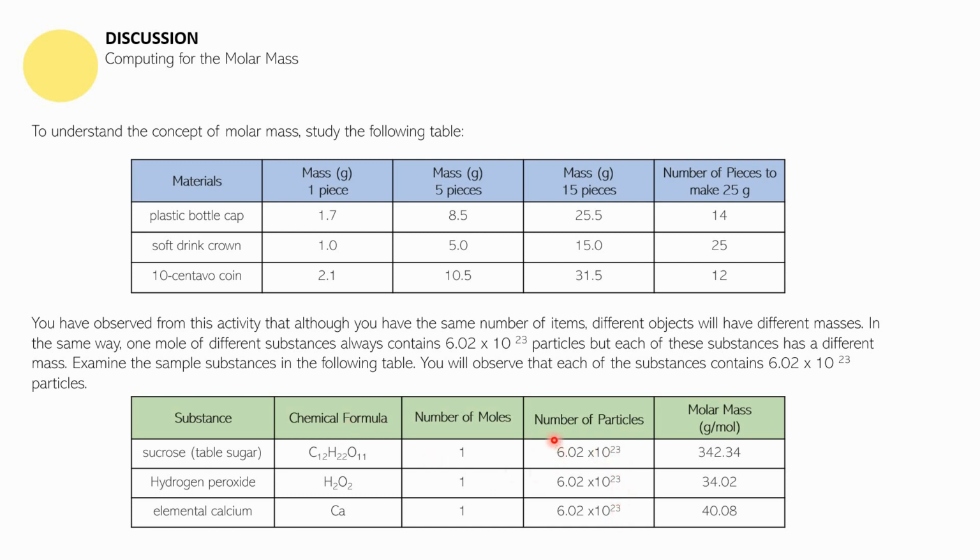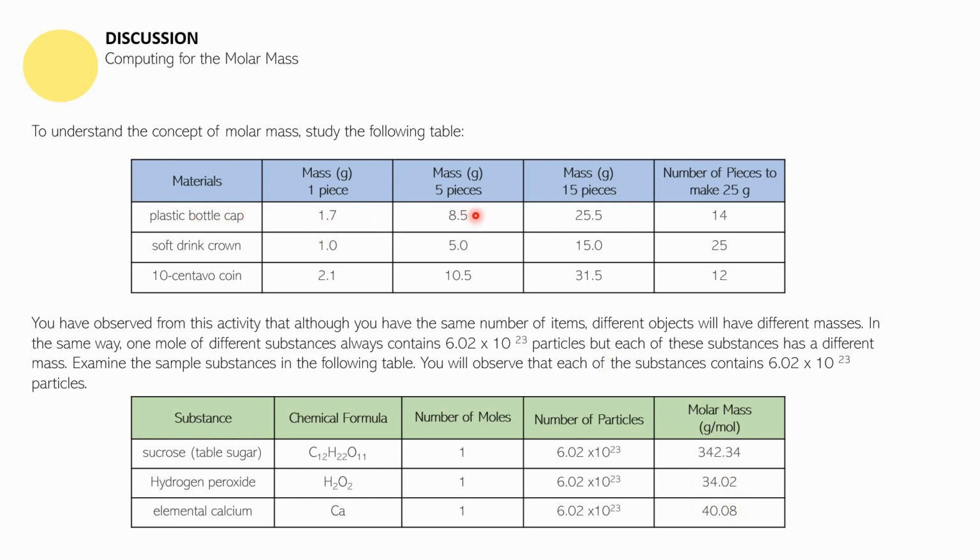Even though they have the same number of moles and the same number of particles, they will have different molar masses: 342.34 for sucrose, 34.02 for hydrogen peroxide, and 40.08, which is also its atomic mass, for calcium. Why is that so? The number of particles is the same, 6.02 times 10 raised to the 23rd power molecules and atoms. But why do they have different molar masses? The same explanation applies.